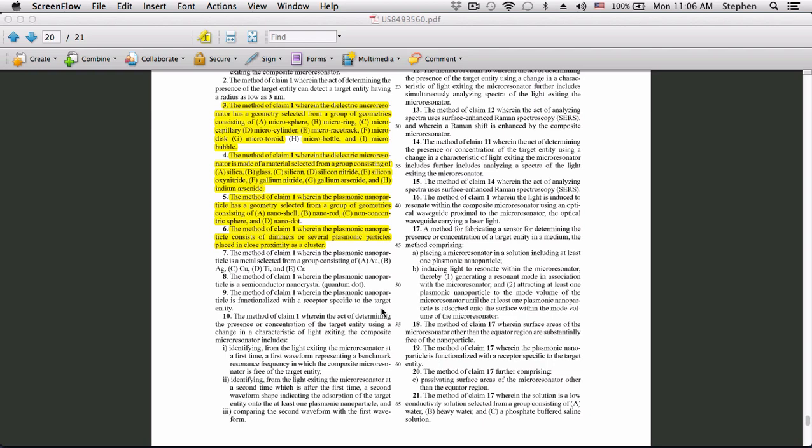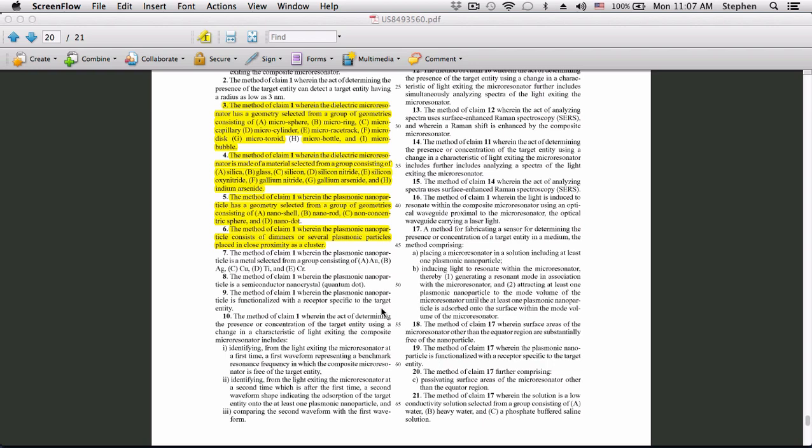Well, let me just go through one or two of these things because it really is very thoroughly written. The method of claim 1, that's that first thing I talked about, wherein the dielectric microresonator has a geometry selected from microsphere, microring, microcapillary, microcylinder, microracetrack, microdisc, micro-toroid, microbottle, microbubble.